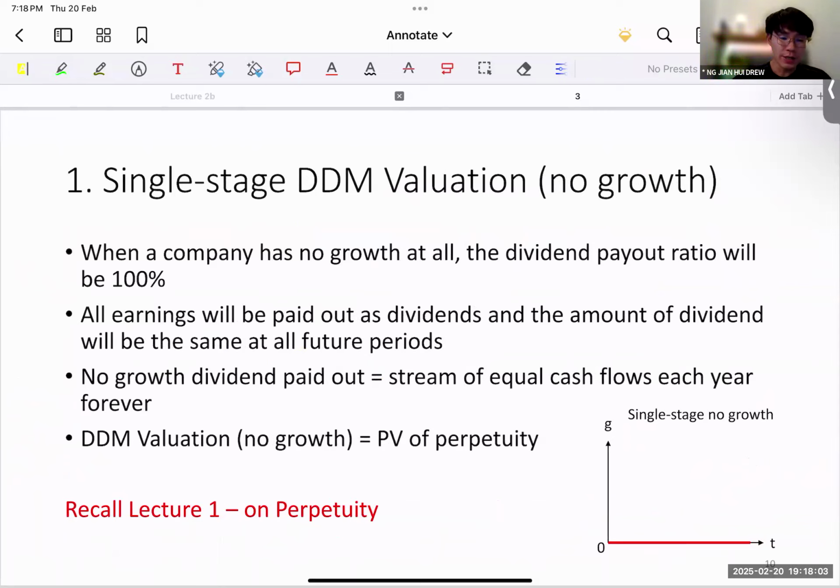Okay, so for the first model, let's think about the no growth model first. So there's no growth, meaning that your growth equals zero.